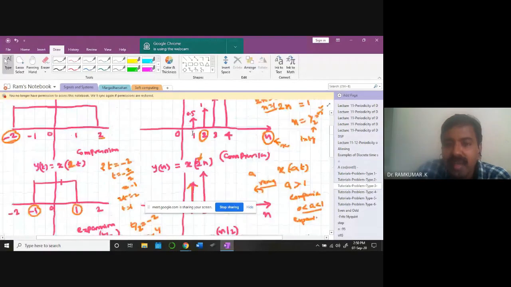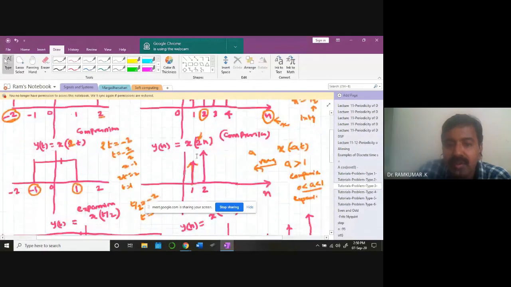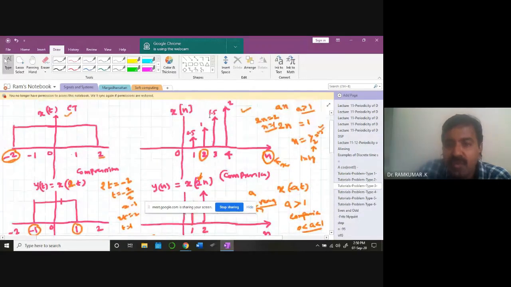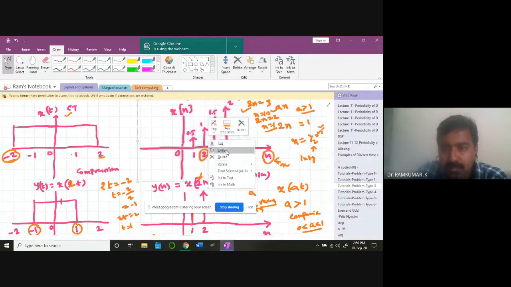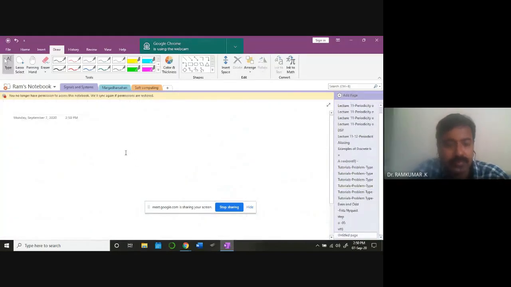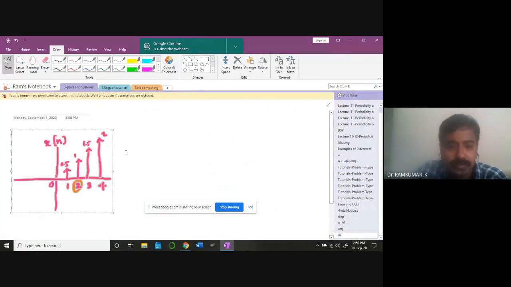Then whatever is there at 4 is going to be there at 2. So this 3 value will not be there, because 2n is equal to 3 is not going to give an integer, n is equal to 0.5. That is not allowed. Are you getting the point clearly?